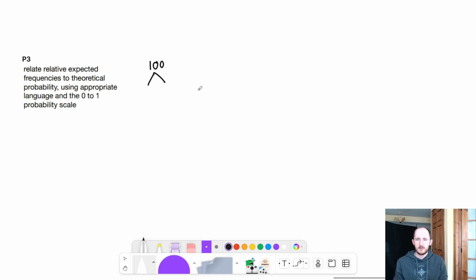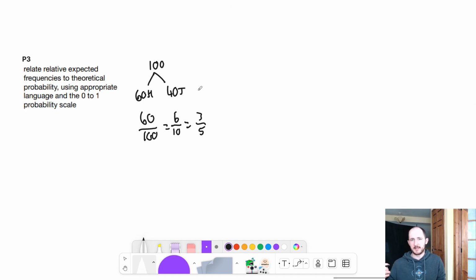But what if I got 60 heads and 40 tails? The expected frequency is just the probability I get a head based on experiment. So it'd be 60 out of 100, which is 6/10, which is 3/5. So the theoretical probability is a half, but my actual result shows that the probability is 3/5.